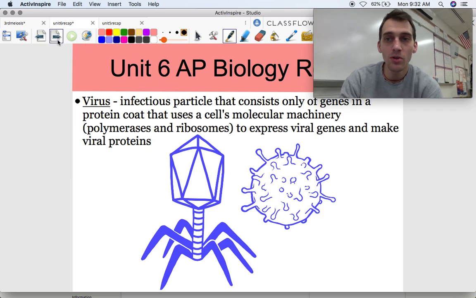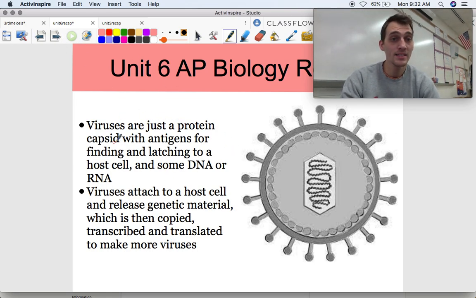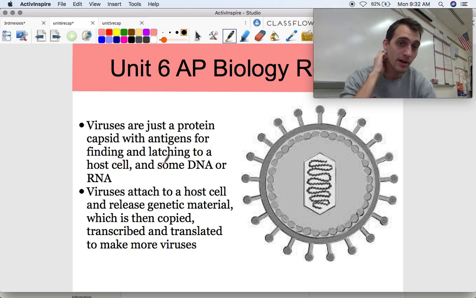And we're not going to spend too long on this, but like I said, viruses are just a protein capsid with antigens for finding and latching to a host cell and some DNA or RNA. It's basically following the rules of gene expression, except, hey cell, you're not going to make your own proteins, you're going to make my proteins now. That's what that virus is. I am the captain now.